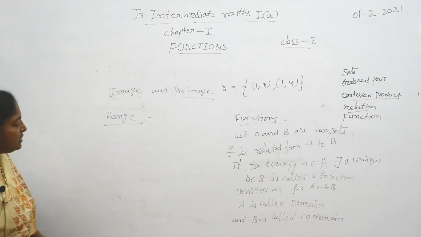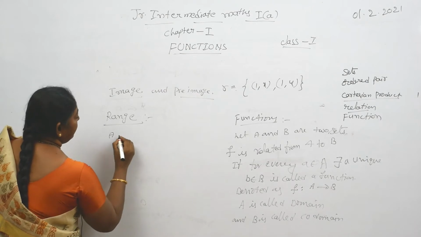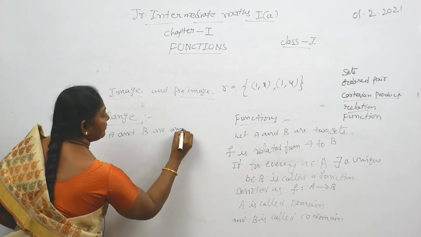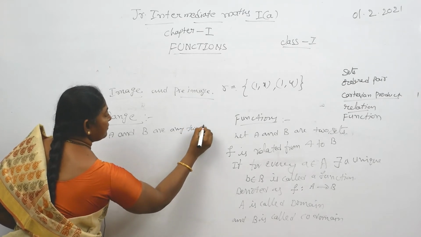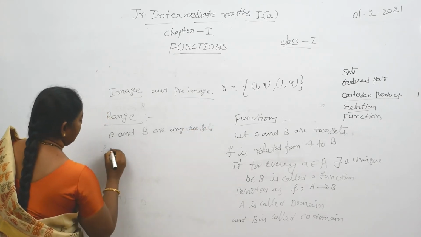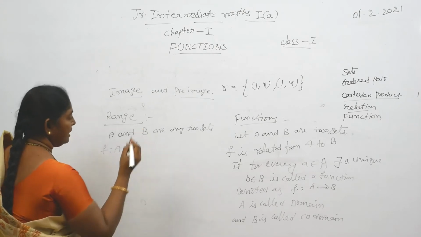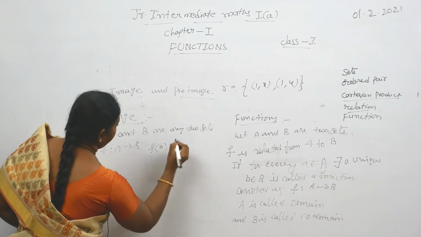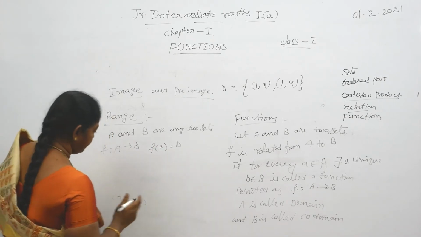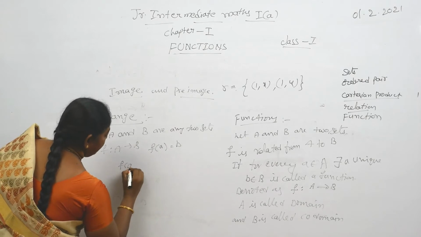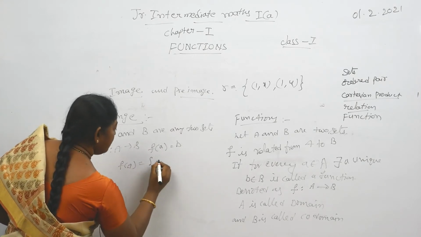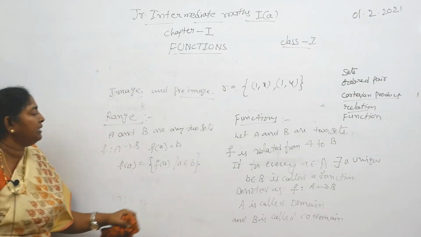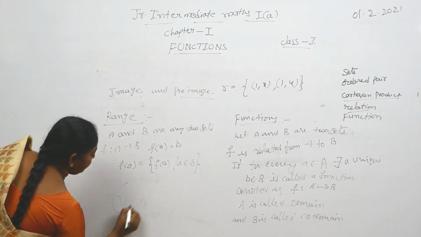Range. Suppose A and B are any two sets and f from A to B. Then f of A, the set of f of a such that a belongs to A, is called the range.